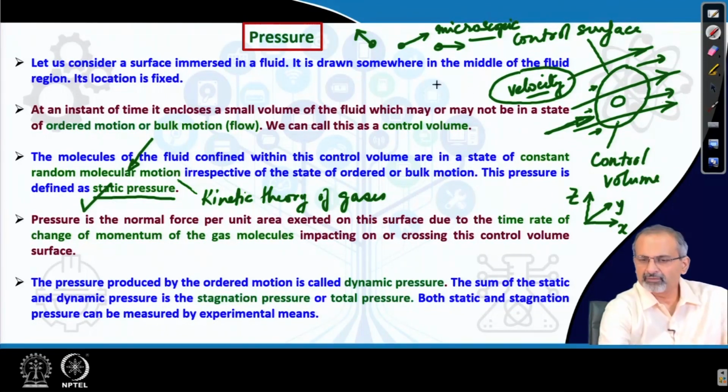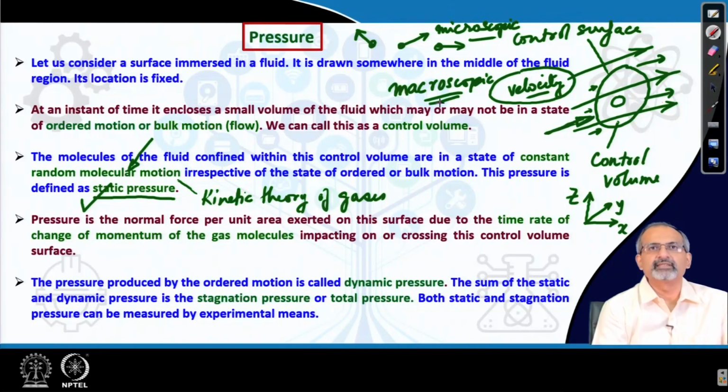Now, if you have a macroscopic or bulk motion, which means you have a macroscopic velocity, then there is a pressure produced by that macroscopic motion or the ordered motion or the bulk motion, which is called dynamic pressure.